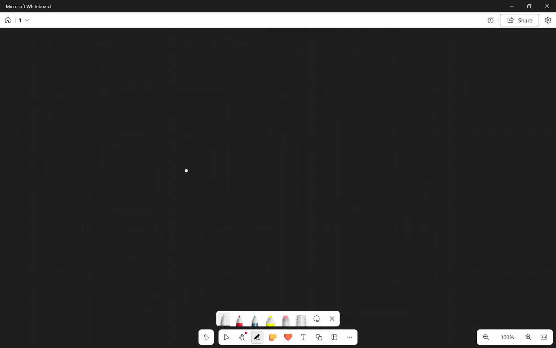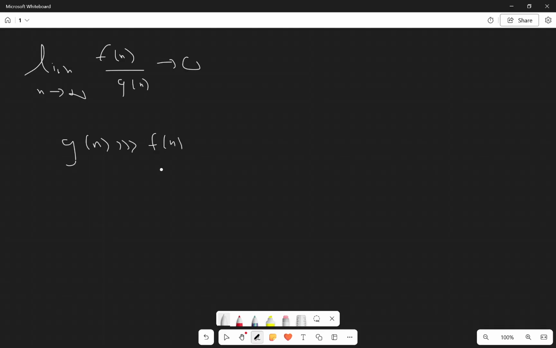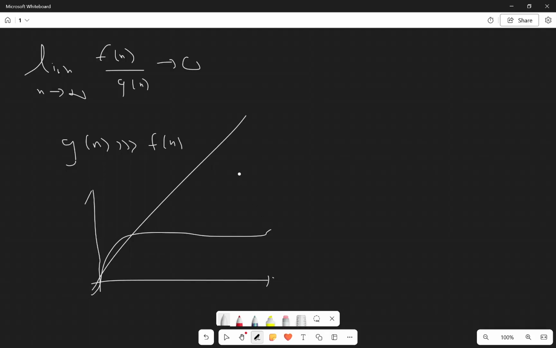In the same way, if the limit as n goes to infinity of fn divided by gn goes to 0, that means gn is significantly larger than fn. So if we draw the graph, it's going to be something like this.